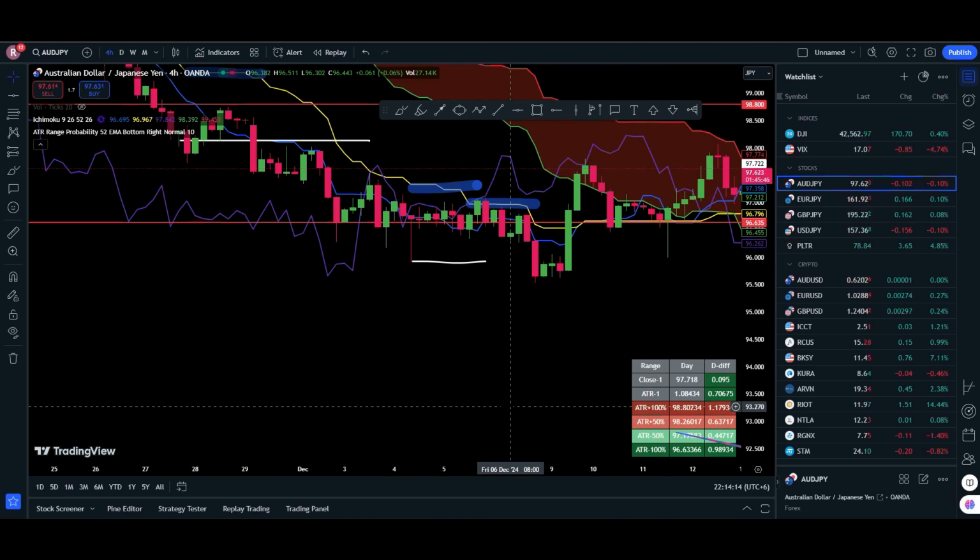Open a trade with 3% of your investment, and the initial stop loss will be based on ATR, and the target will be 2x of ATR. If the ATR is 100 pips, you will target 200 pips.